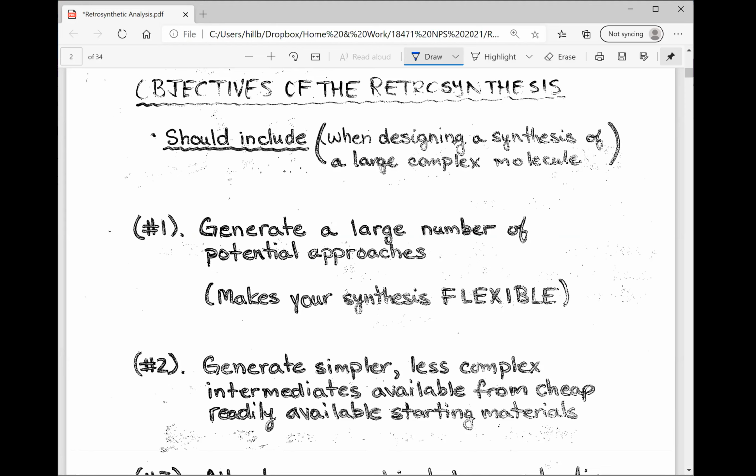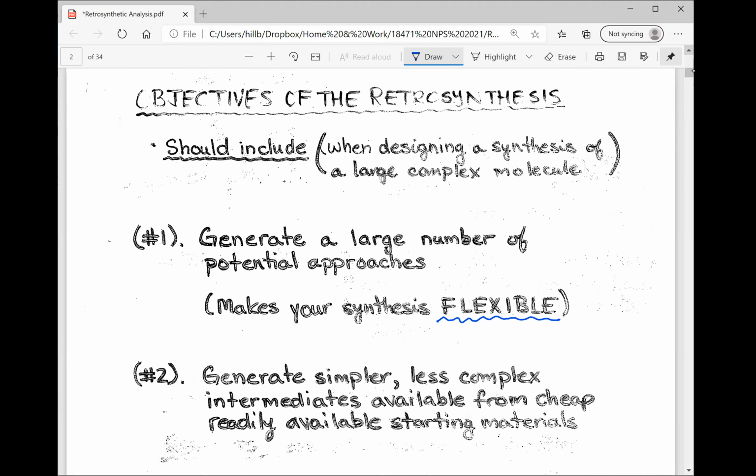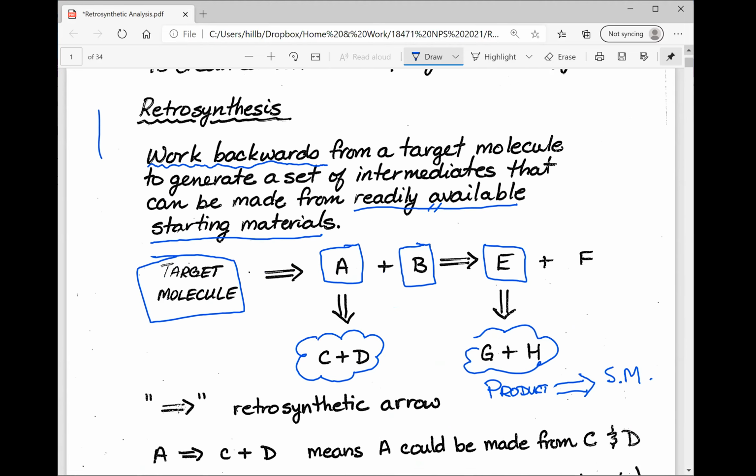So it's good to have a flexible synthesis so that there are a number of different potential approaches you could take. If the final step of this target molecule is molecule A coupling with molecule B, you would want a number of different approaches to both A and B to make it flexible.